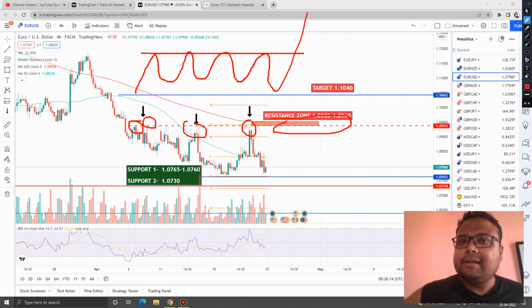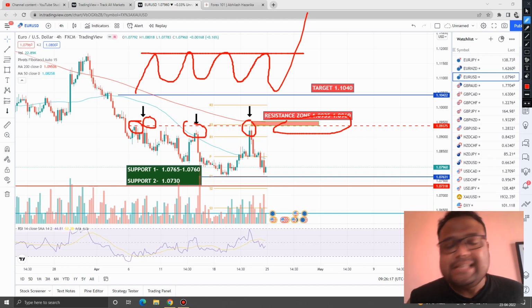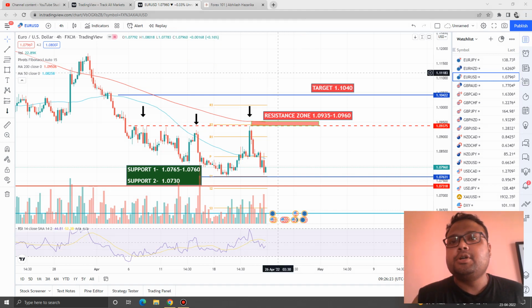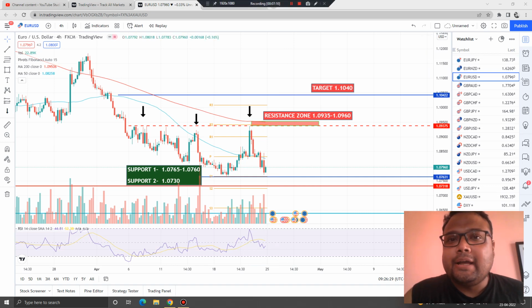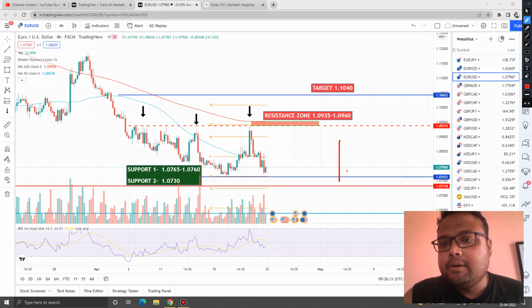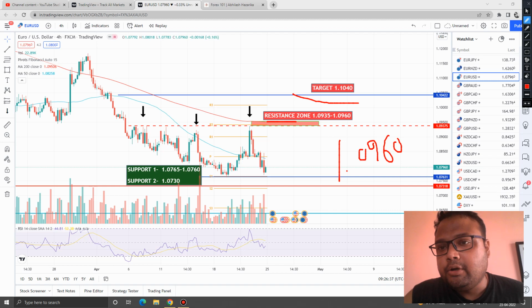If you see market facing selling pressure around the resistance zone, you can take a sell position. And if you see the market is very bullish and not in the mood of surrendering, then you can take a buy position above 1.0960, and this will be your target.